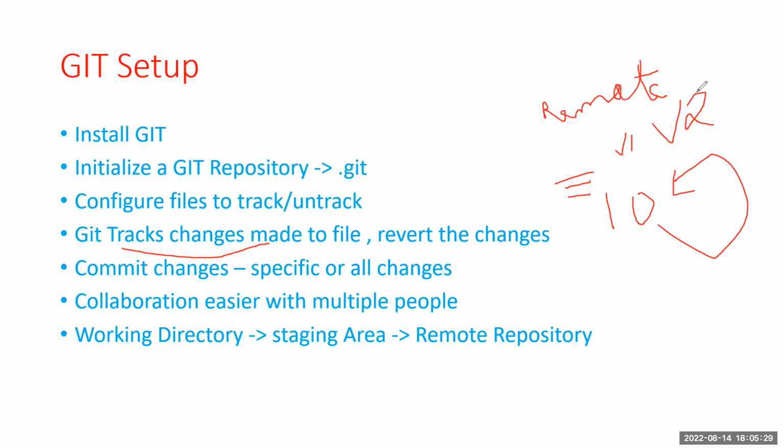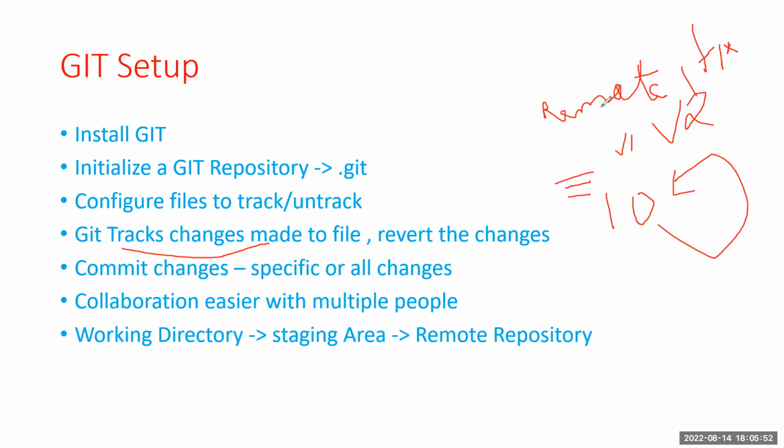So there are two ways: either fix the issue which was introduced by version 2, or you have to revert the changes. To revert the changes, you should know what was there before V2. All these things are done using Git. It tracks your changes, and it helps you to revert those changes.